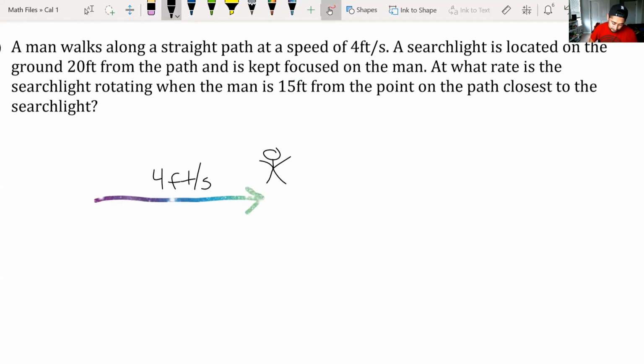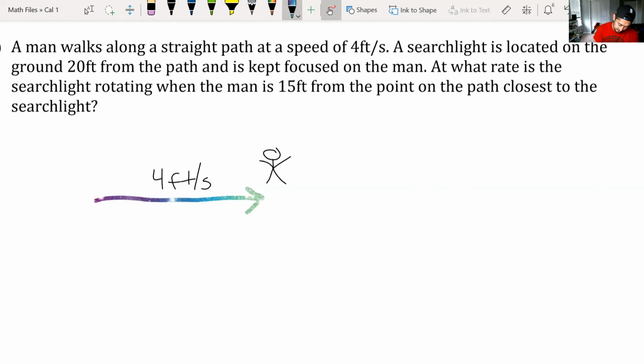Okay. A searchlight is located on the ground 20 feet from the path and is kept focused on the man. So it's located on the ground 20 feet from the path. So when we're doing related rates, we have to assume a lot of stuff in our diagrams.